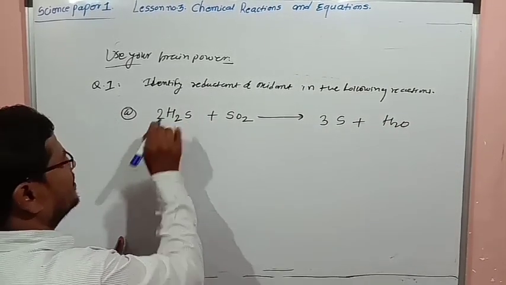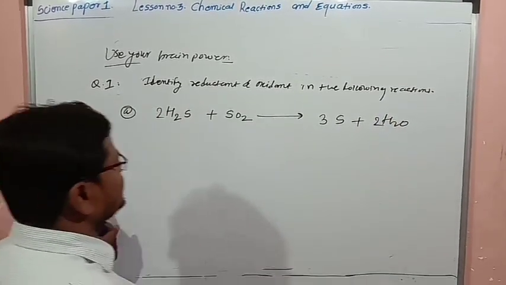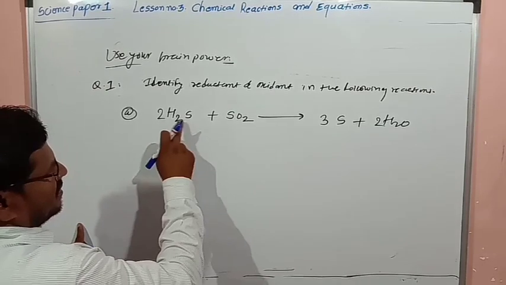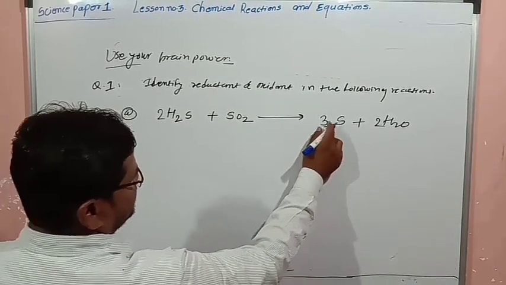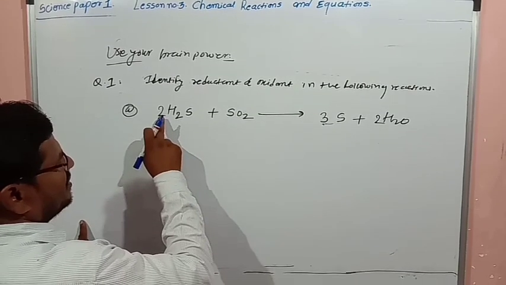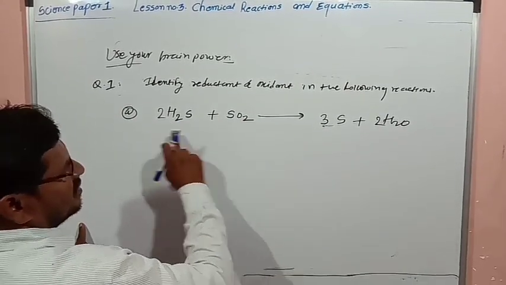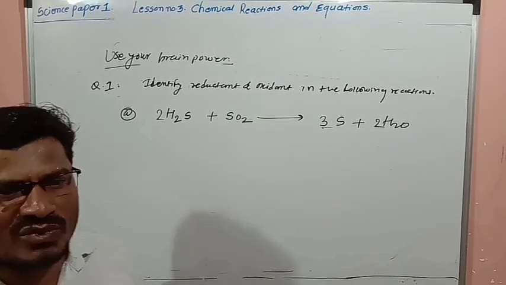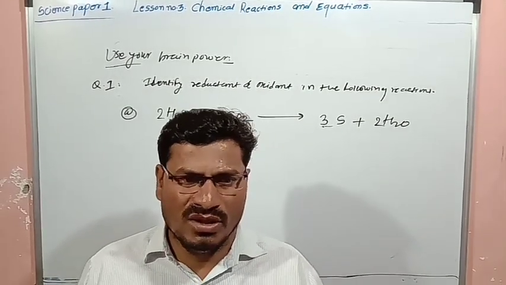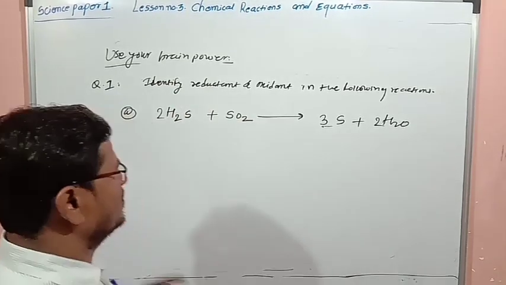So twice H2S and twice S. So it gives how many sulfur are there? 2S plus 1, 3S. Hydrogen, how many are there? 2 twos are 4, 2 twos are 4. Oxygen 2. Here 2 multiplied by O. So in this it is asked which is the reductant and which is the oxidant.